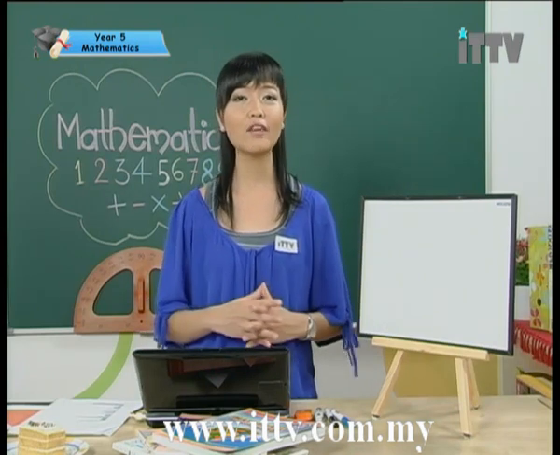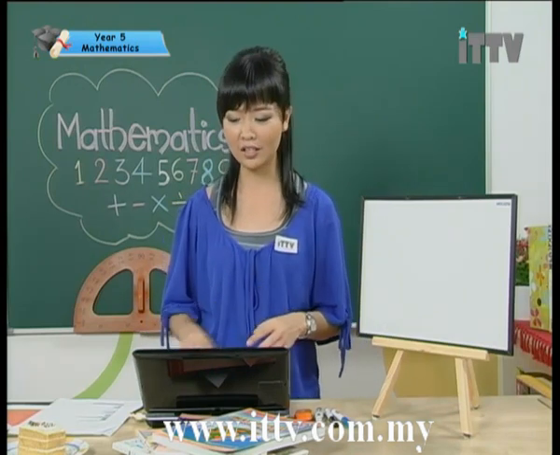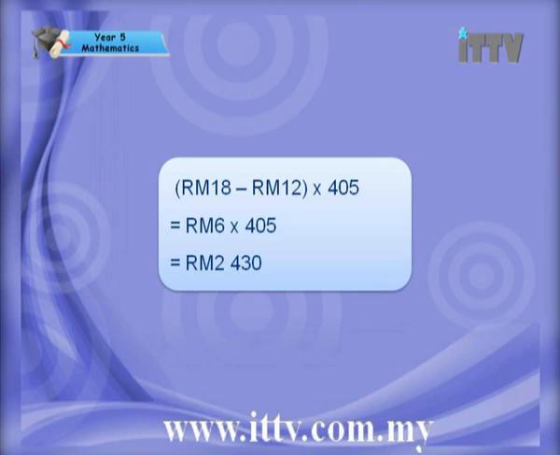So over here we have multiplication, yes? Now, multiplication is involved here. And we also know that the middleman then resells it at 18 ringgit per kilogram. So can you tell me, for 1 kilogram, how much profit did he make? That will be 18 minus 12 ringgit for 1 kilogram.